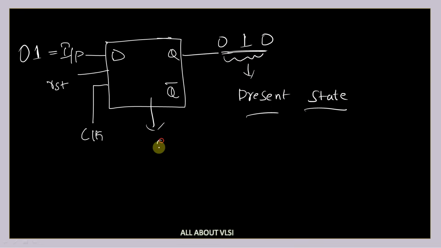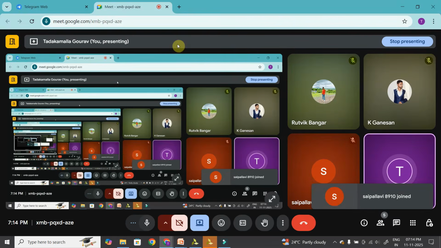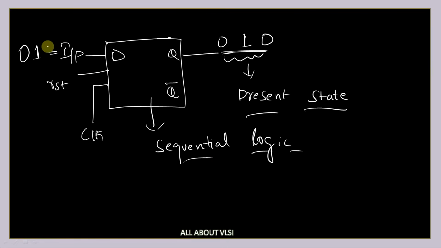This is sequential logic. If you apply 0, you simply get 0 at the output, and if you apply 1, you simply get 1, and if you apply 0, you get 0. That is your present state, the output of your flip-flop.